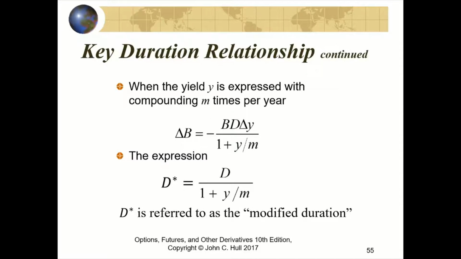So we need to modify this expression for the duration by using the modified duration. The modified duration is basically the duration divided by 1 plus the yield divided by m. And people usually use the modified duration because it is seldom that the yield is expressed with continuous compounding.